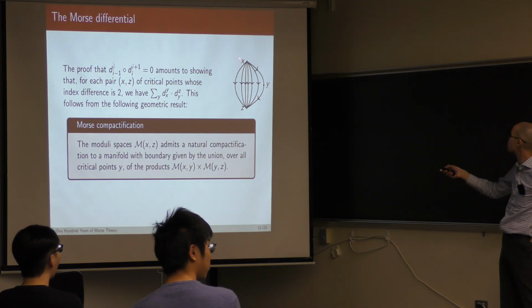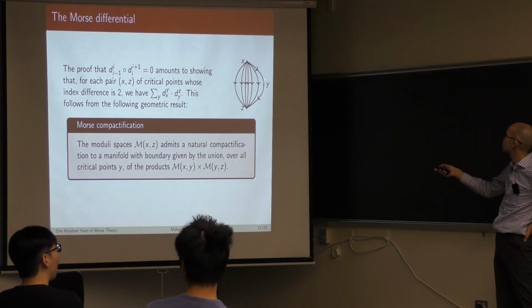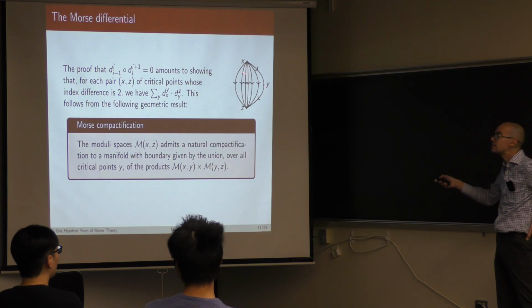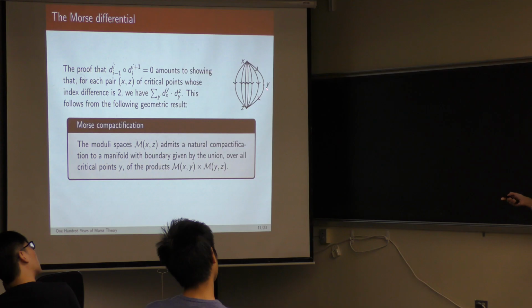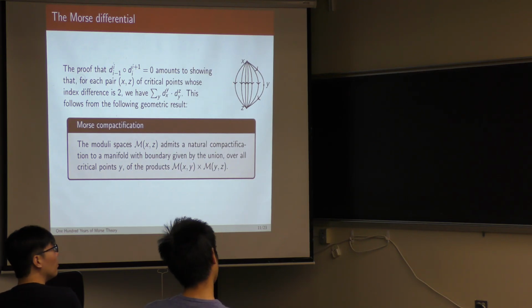Instead of a direct trajectory from x to z, we take a trajectory from x to y and y to z, and then you can either do it from the point of view of a topologist, in the soft way, or from the point of view of an analyst, trying to understand: if I have a trajectory that goes from x to y and one from y to z, can I produce one nearby by some implicit function theorem which would go without stopping? And that indeed can be done. And that's basically the proof. And once you've done that, you've proven that this compactification exists and it has the correct boundary.